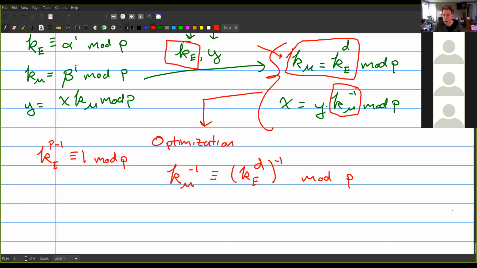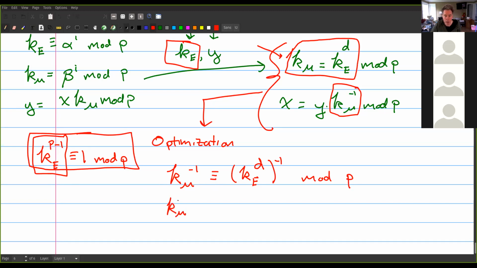And now I'm going to do an algebraic trick here, which is I'm going to multiply both sides of this equation by 1. But instead of writing 1, I'm going to write Ke to the P minus 1.